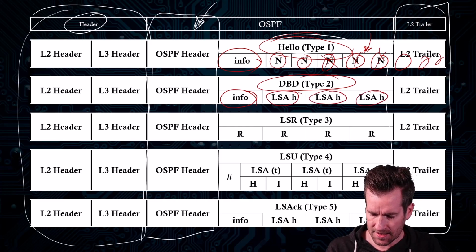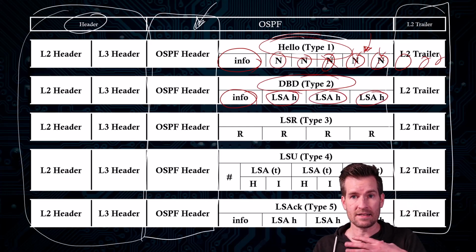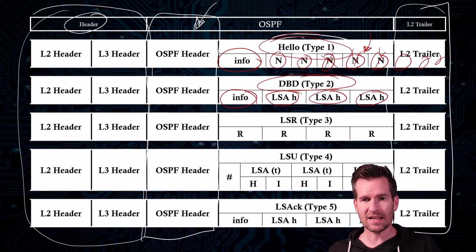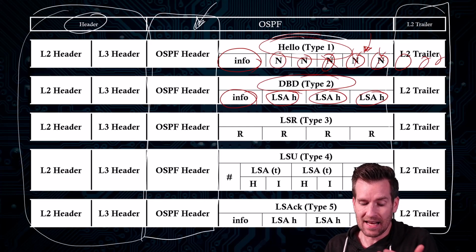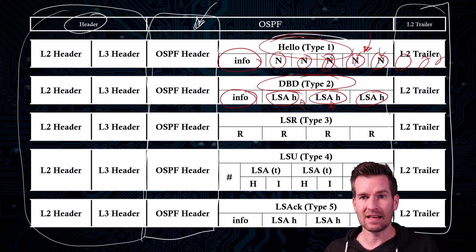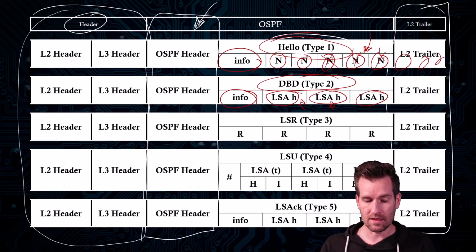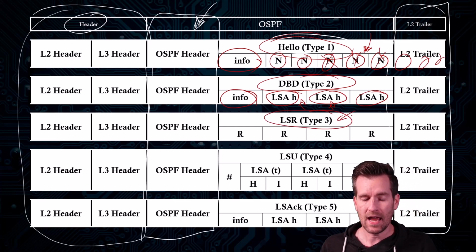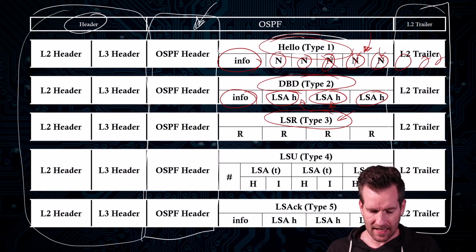So all of the LSA headers, and once again, there'd be a lot of different link state advertisement headers in here, and this passes link state header information from router to router, so the router can see if it needs to get an update to any one of these link states and get information on any one of these link states.